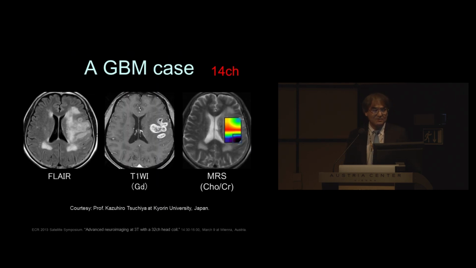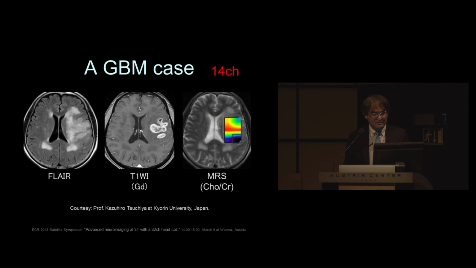Okay, and let me present a case. This is a case of glioblastoma multiforme using the 14-channel head coil. This is the FLAIR image. You can see the tumor extension with some kind of non-specific white matter abnormal signal, and also edema is included in this case.